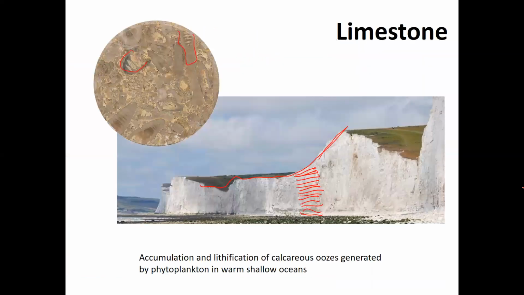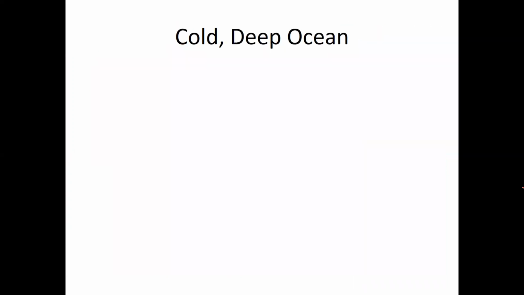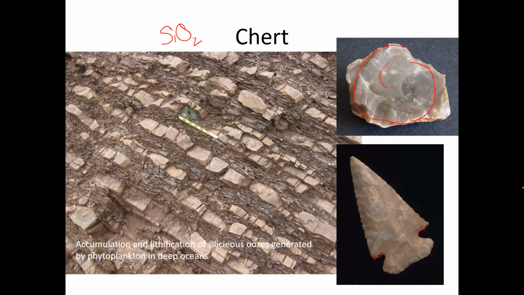So if we find limestone, it tells us that this was a relatively shallow seafloor, that the water was warmer. By warm, I don't mean tropical warm. And chert means it was a deep, cold seafloor, or it could also have been a polar seafloor. The difference is the temperature of the water.